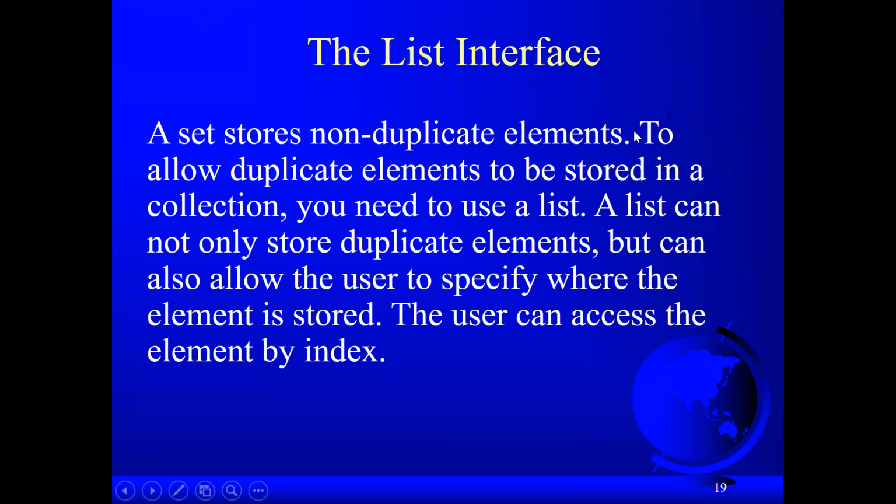So this is the list interface. It allows duplicate elements to be stored in a collection; you need to use a list. It's nothing but a list of elements. Any collection of objects, you can use the list.